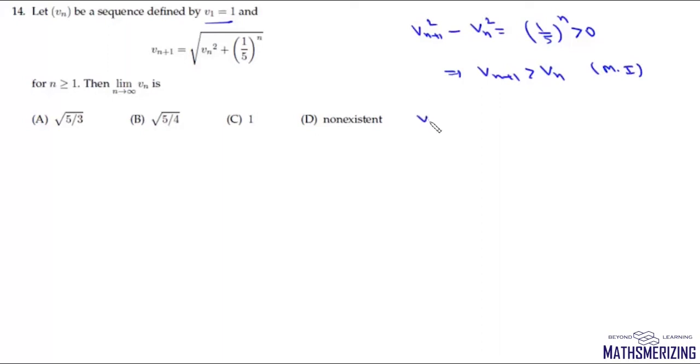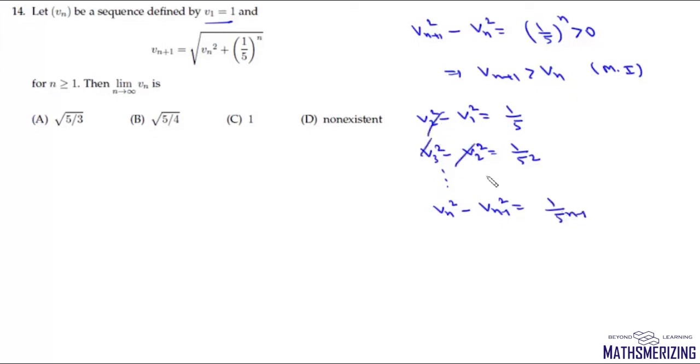Now we can write V2 square minus V1 square will be 1 by 5, V3 square minus V2 square is 1 upon 5 square, and then Vn square minus V(n minus 1) square will be 1 upon 5 to the power n minus 1.